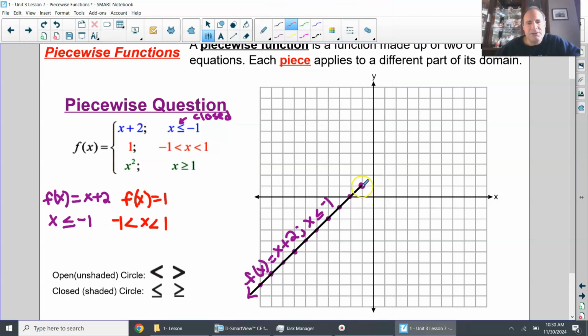And since this is an open circle, it remains closed. It's already closed, so it's included. So we're just going to make another dot on top of it, but it's not going to be open. It's closed already. And this one right here, x is 1, is right now an open circle.